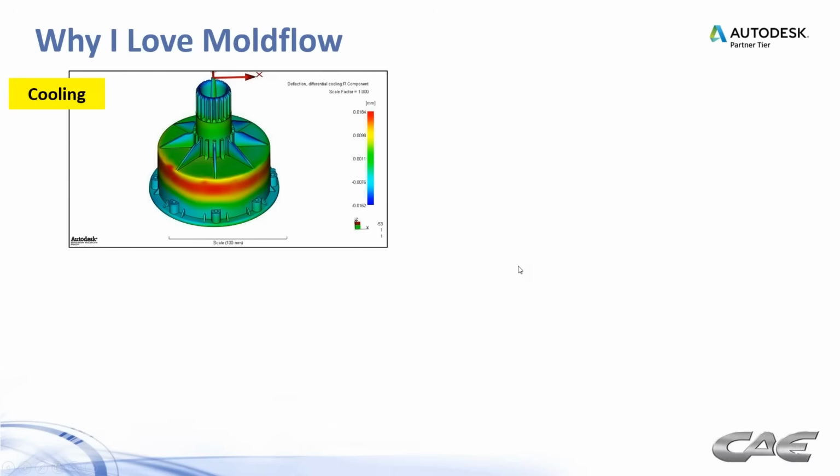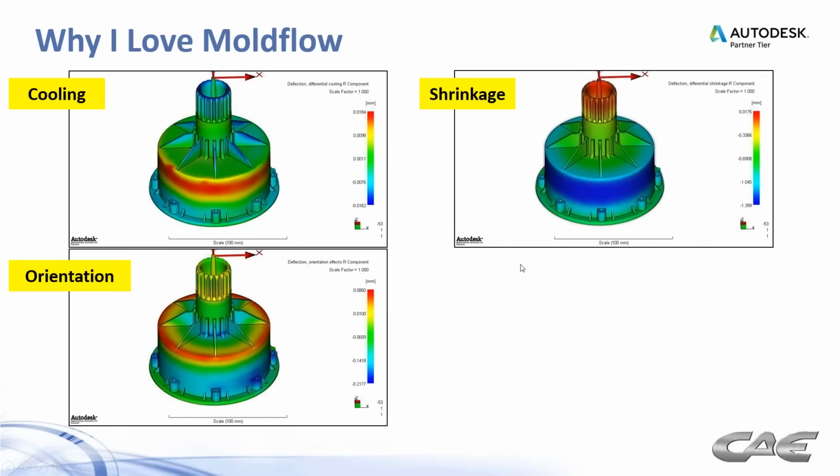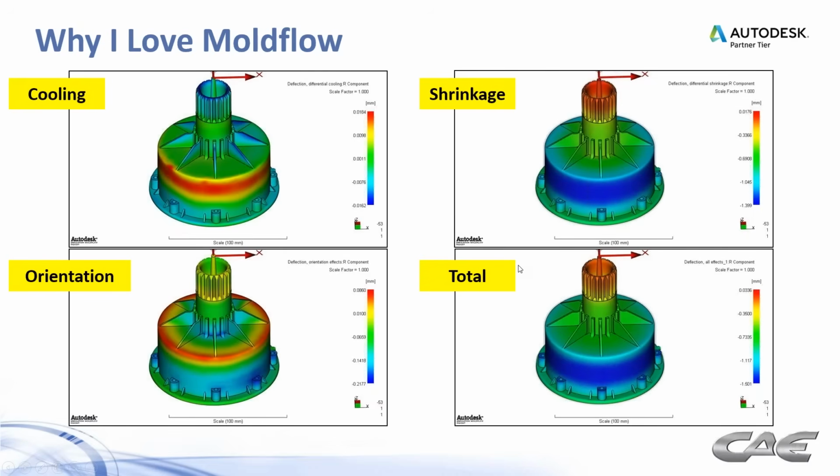And this is really why I love Moldflow so much, because it allows us to separate out the different causes of warpage and how much each cause is contributing to the overall warpage. So pay attention to the numbers on the screen. They're a little bit small, but you should be able to see them. What these plots are showing is the radial deflection, the radial component of warpage.